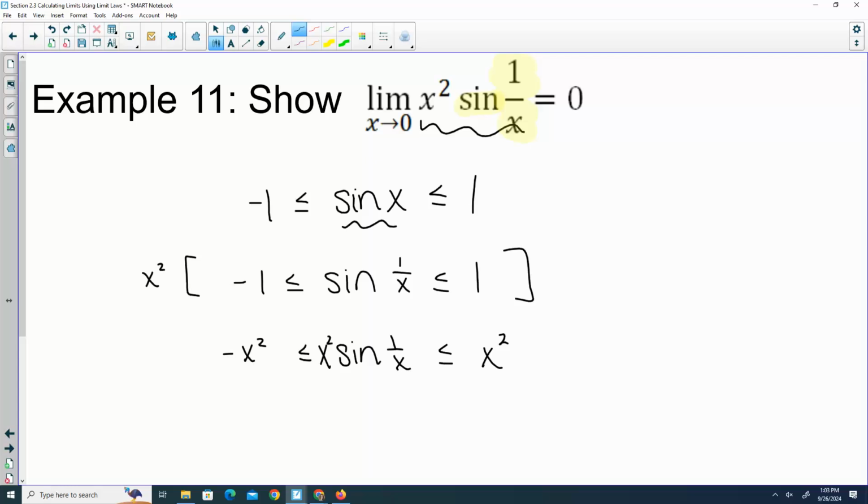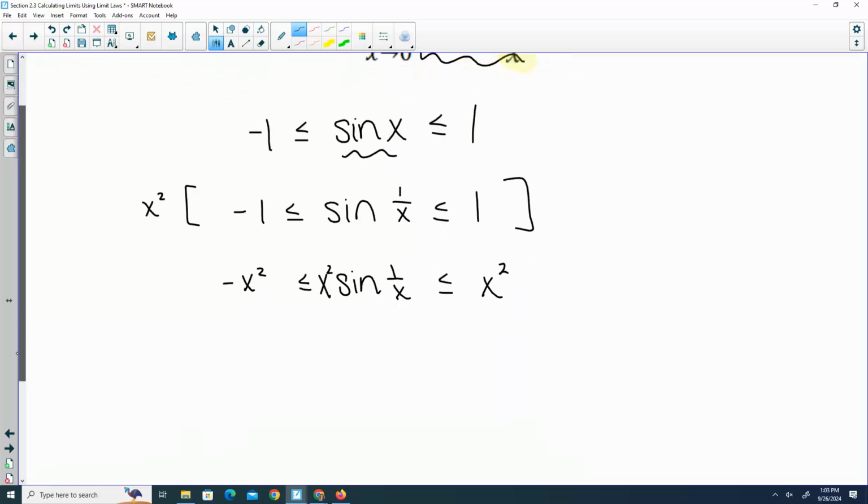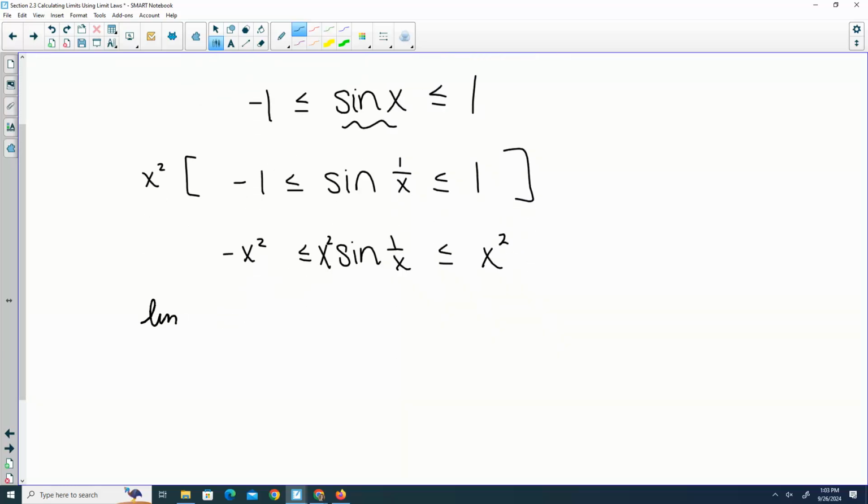All right, so now we have all of this. What else do I need then? I need a limit. But the squeeze theorem said if this is true, then it's still true with the limit. So that's where the squeeze theorem comes in. So we are going to do the limit as x approaches 0 of all 3 pieces.